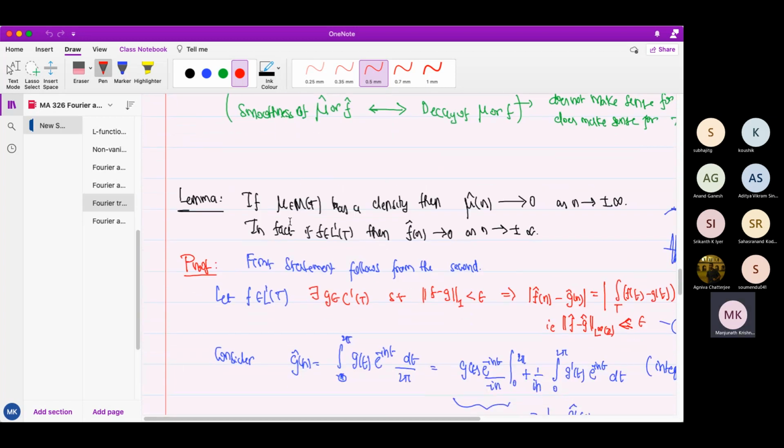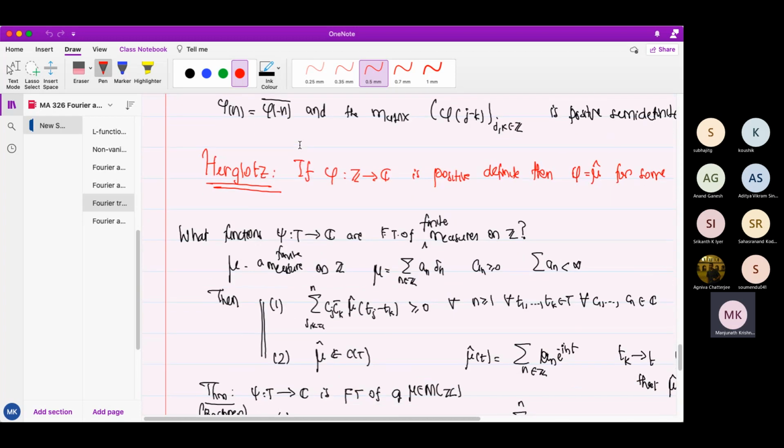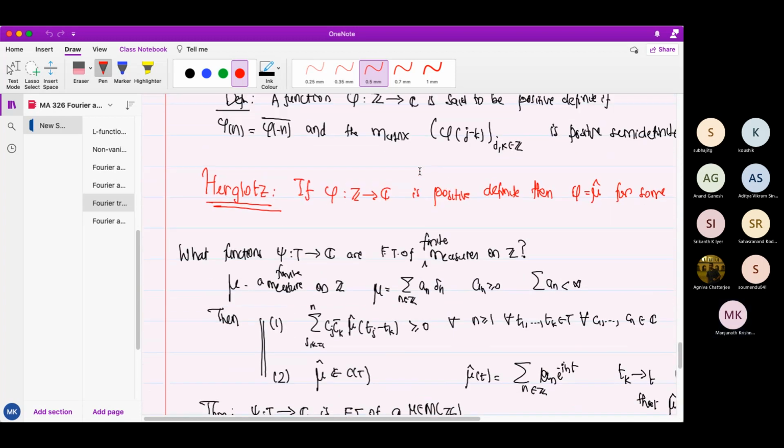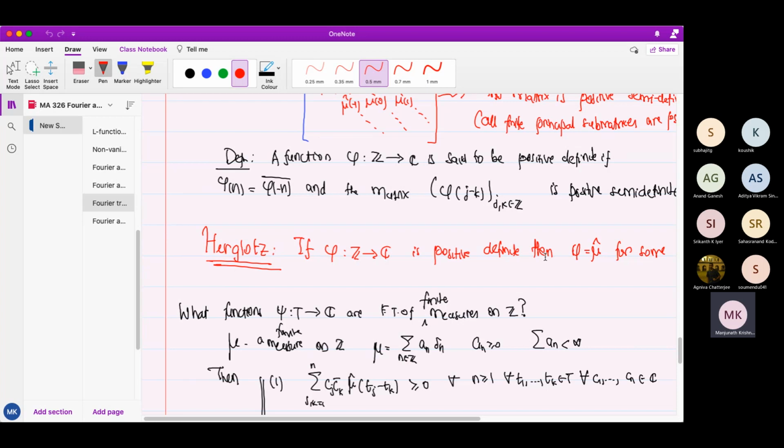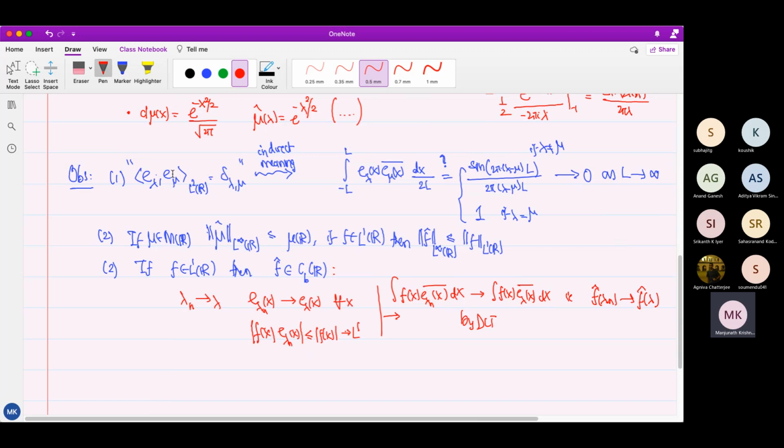That also I stated. Where is that? Yeah. So this is Herglotz's theorem that positive definite functions on Z are precisely Fourier transforms of measures. So in general, a lot of things in basic Fourier analysis are finding the range of Fourier transform on some subclass of functions. Any such thing is a nice theorem.